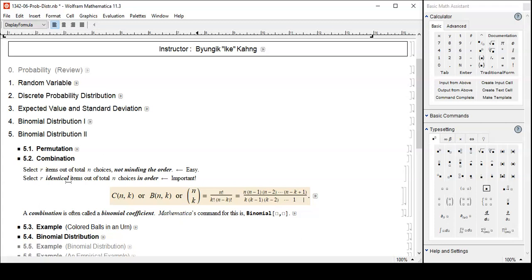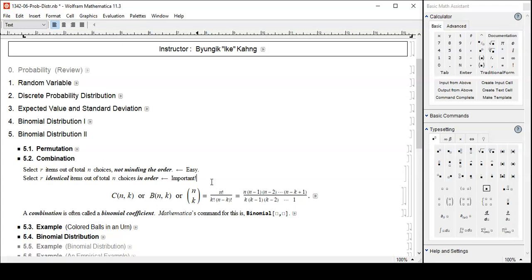But even more important is selecting r identical items in order. Order is there, but it's just that the items are identical, so among those items, I cannot distinguish. So it's the same as not minding the order. The latter case is rather important because the problem says order, but actually it is not order. Confusing, isn't it?